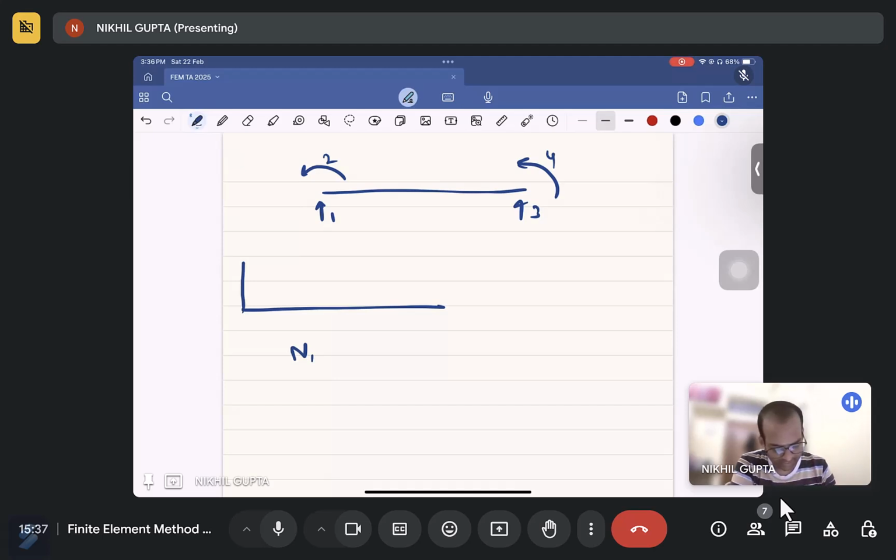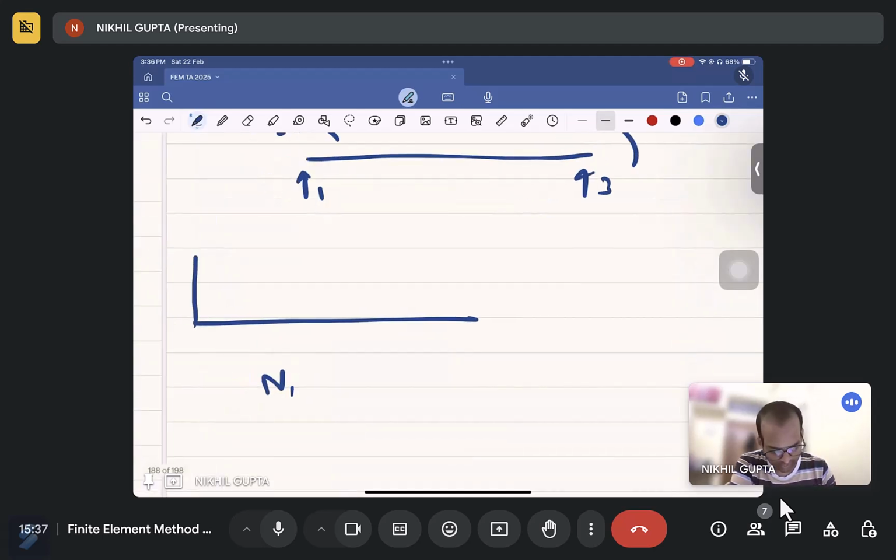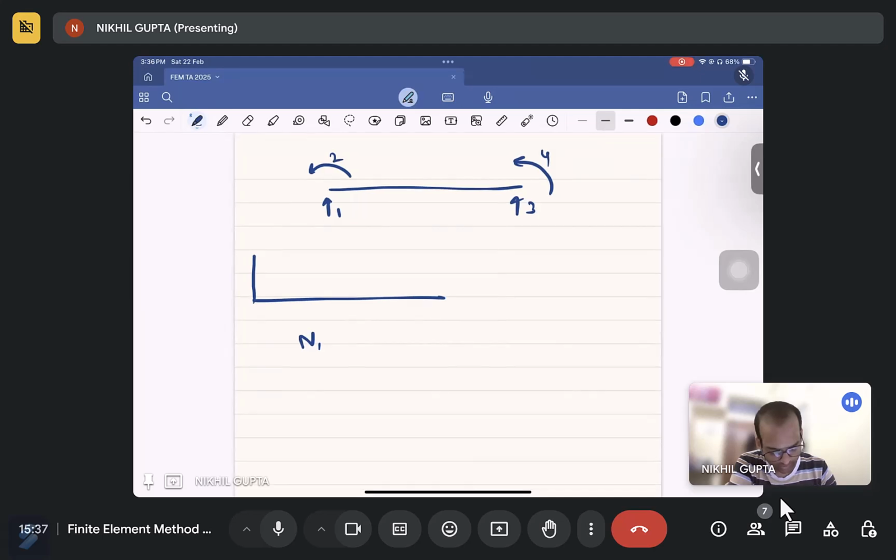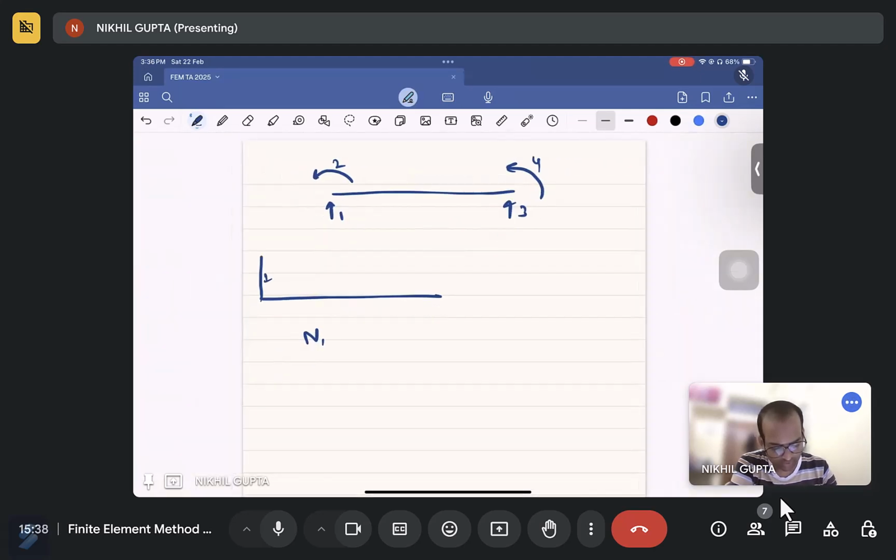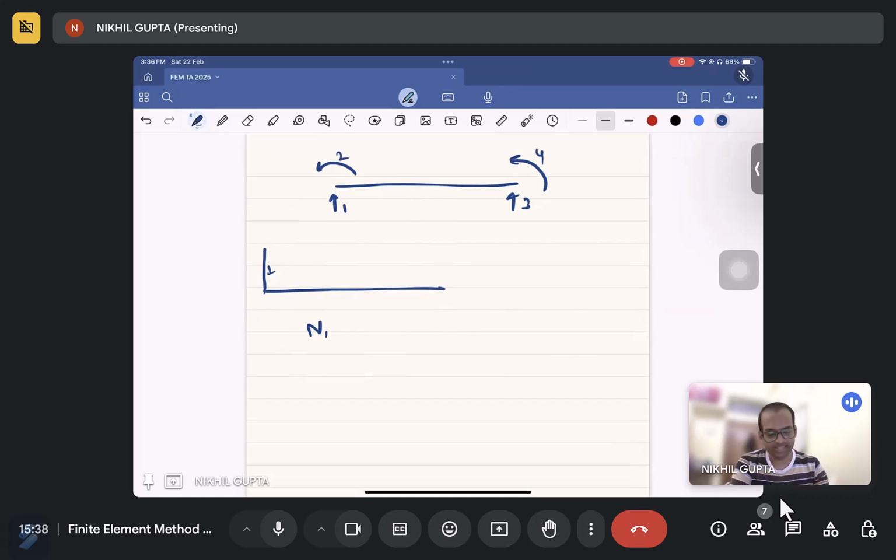Now if I increase this one, n1 at node 1 as 1 unit, then isn't it that node number 2 also has an n1 value as 1? Can anyone think why it is happening and how to rectify it?